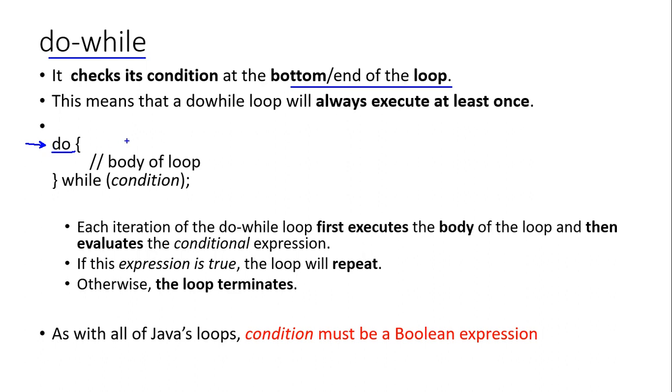Once the control passes the do statement, the control will be in the body of the loop. The body of the loop is executed as long as the while condition is true. However, you notice that the while condition is at the bottom of the looping structure.